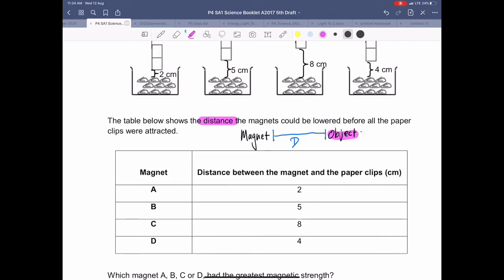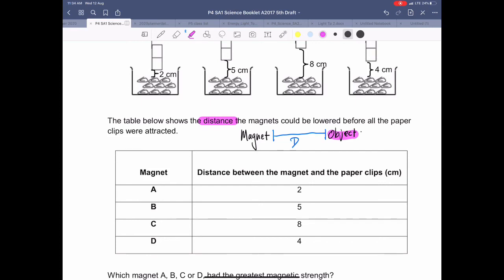It doesn't have to be so close. Only a weak magnet would need to go so close to the object. So you need to be very careful.